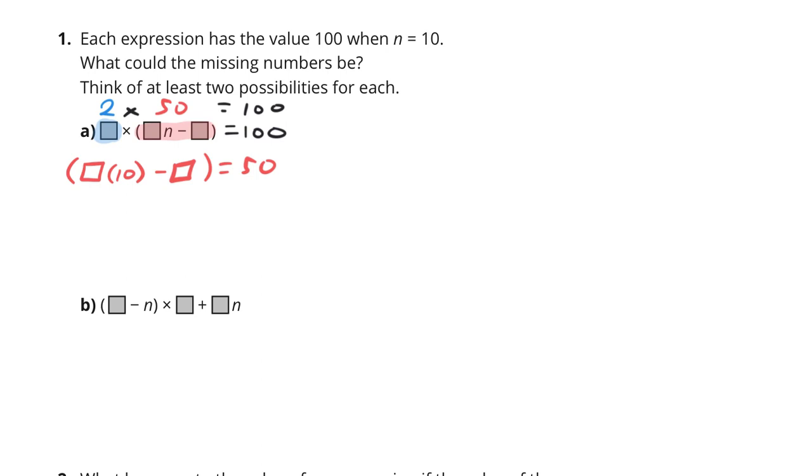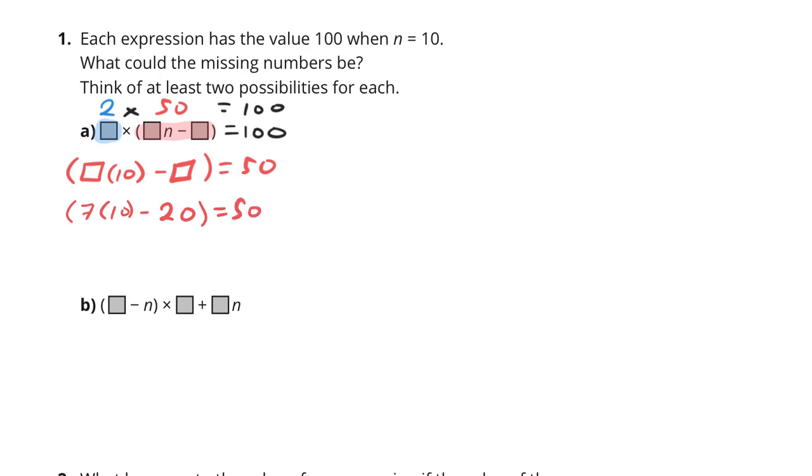It could be 6, it could be 7, it could be 8, anything over 5 really. So I'm going to choose 7 just for fun. So let's say it's 7 times 10 minus, and then we have 70 there, right? 7 times 10 is 70. So we would have to take away 20 in order to get to 50.